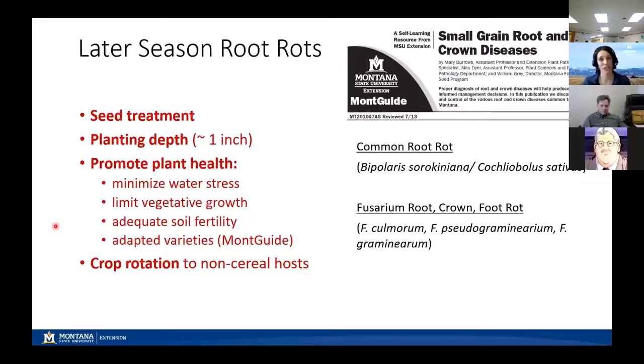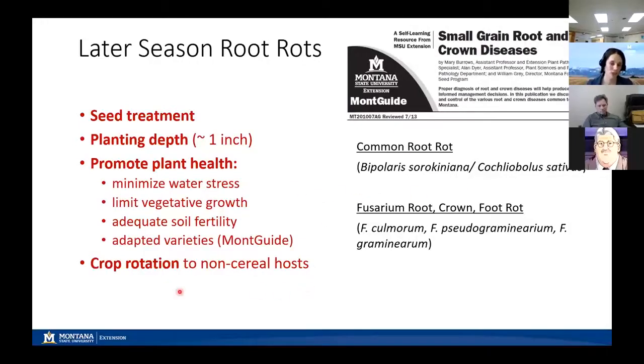Which varieties those might be, and also other management recommendations, you can read up on in this MontGuide, which I put up here in the top right corner, about small grain root and crown rot diseases. It talks about those diseases that I just highlighted and also gives you some management recommendations.